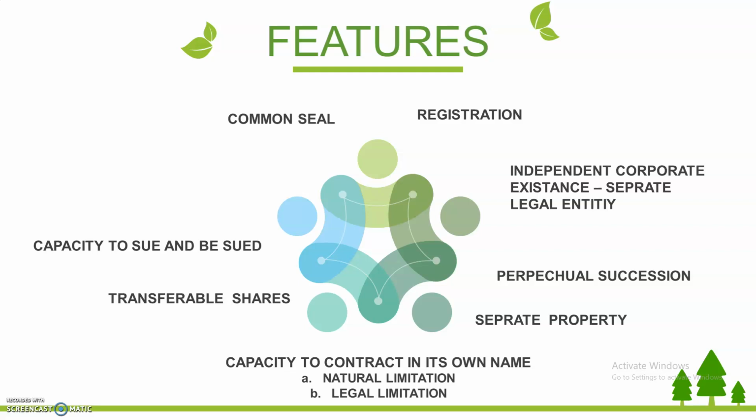What is meaning of sue and to be sued is कंपनी के ऊपर केस किया जा सकता है और कंपनी भी किसी के ऊपर केस कर सकती है। जैसा कि मैंने अभी एक पार्ले का एग्जांपल दिया था, उस पार्ले बिस्किट में जब कीड़े निकलते हैं तो आप कंपनी के ऊपर केस करते हैं। दैट मीन्स यू कैन सू, आप केस कर सकते हैं। अगर कंपनी के ऊपर किसी ने केस कर दिया है तो टू बी सूड यानी कंपनी के ऊपर सू कर दिया गया है। सो दिस पर्टिकुलर पॉइंट टॉक्स अबाउट कैपेसिटी टू सू एंड बी सूड, यानी कंपनी केस कर सकती है और कंपनी के ऊपर कोई भी केस कर सकता है.